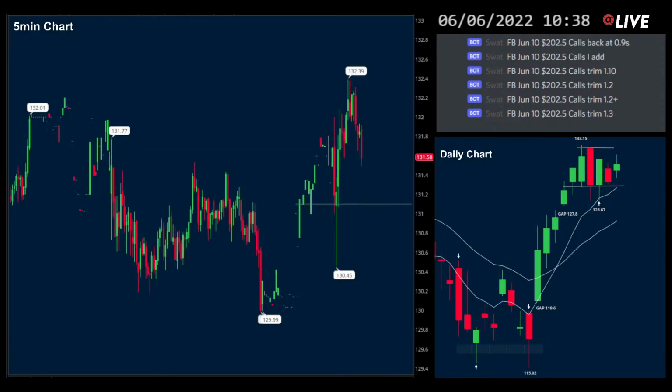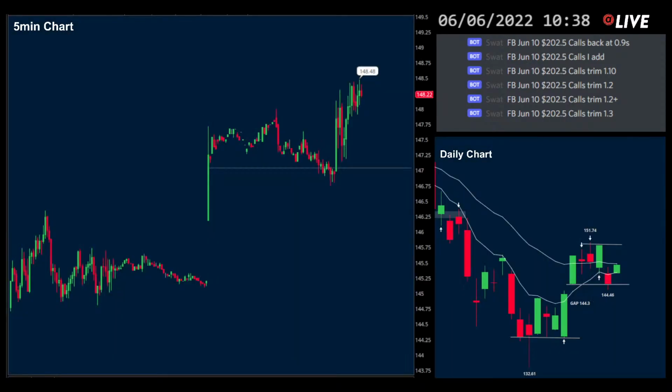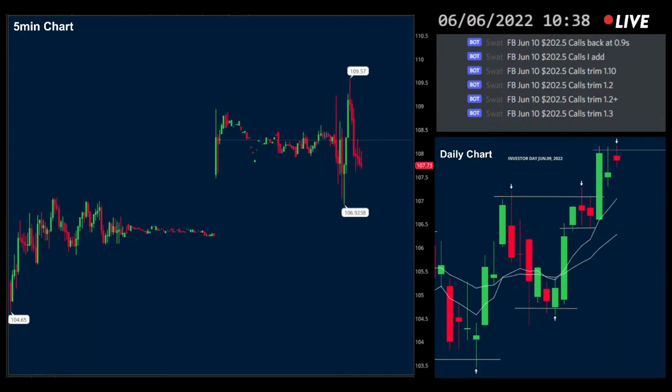JP Morgan, some fading. AMD continues to show some relative weakness.